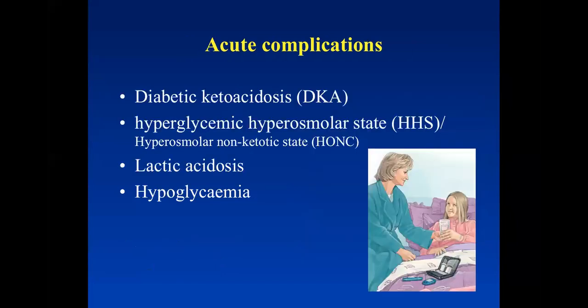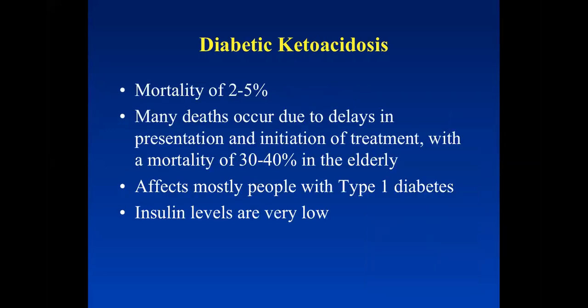The acute complications that a diabetic patient can develop are mainly 4: diabetic ketoacidosis, hyperglycemic hyperosmolar state, which earlier was called hyperosmolar non-ketotic state, and then they can also develop lactic acidosis and hypoglycemia.